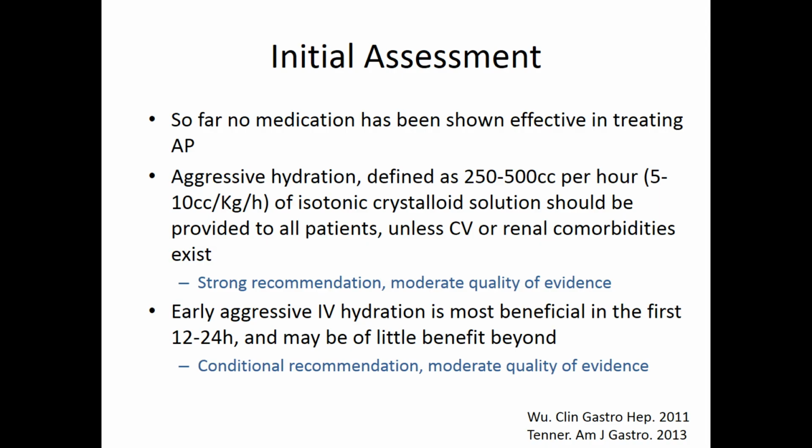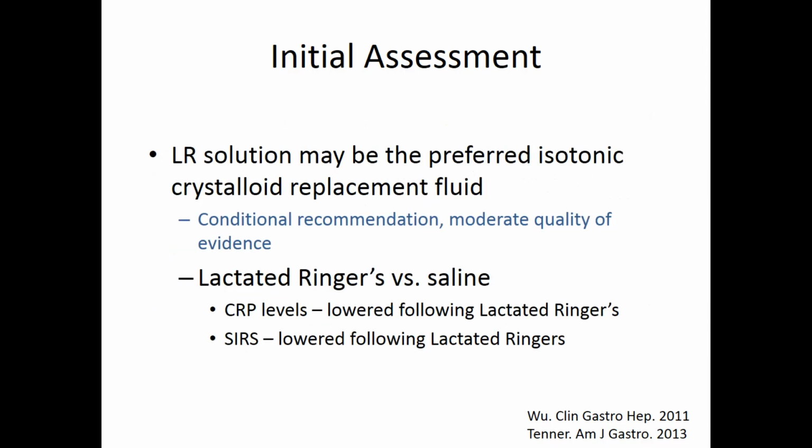It's very important to be aggressive very early on. They have the most benefit in the first 12 to 24 hours, and probably little benefit and potentially even significant harm if hydration continues beyond this first 12 to 24 hours. What solution should be used?